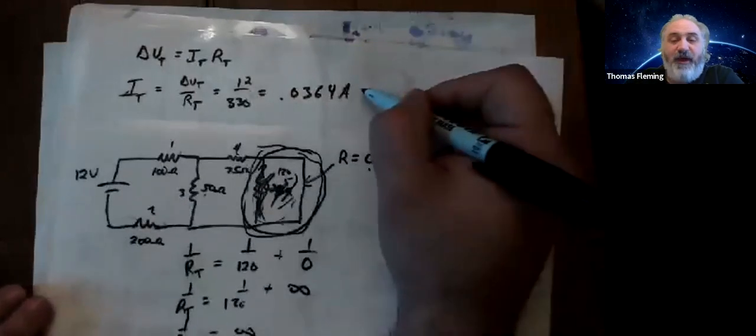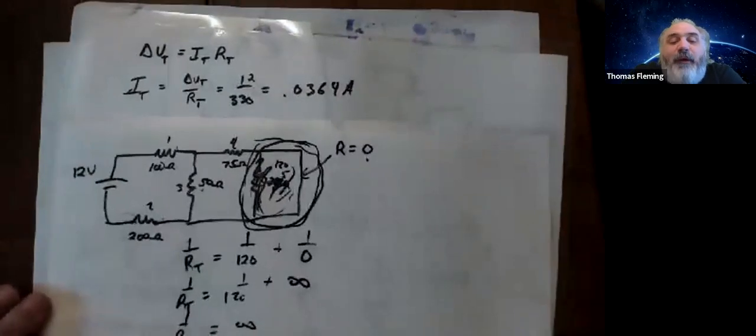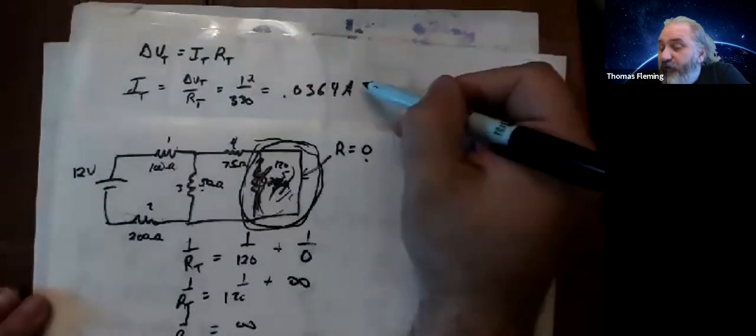Now, once I know how much current comes out of the battery, the next step in every problem is to look back at my original circuit and ask myself, are there any resistors that I have no choice but to go through? Any current that comes out of the battery has no choice but to go through resistor 1. That means that any current coming out of the battery, this much current, must go through resistor 1.